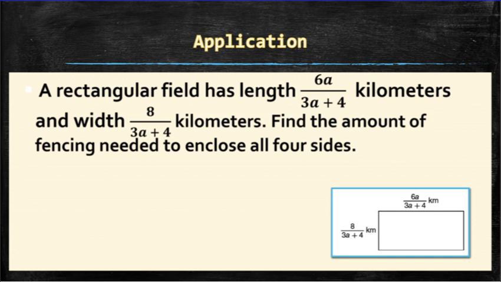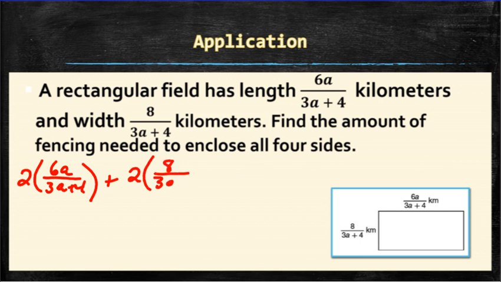So we have two groups of 6a over 3a plus 4. So I'm going to write that down. I have two groups of 6a over 3a plus 4. And then I'm adding two groups of 8 over 3a plus 4.